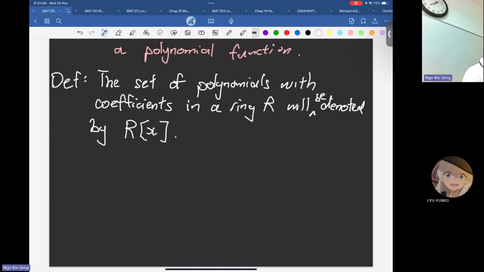Okay, so for example, what are these polynomial rings? We can study the integer polynomial rings, or the real polynomial rings, right? The coefficient I can put R, or the coefficient I can put Z.